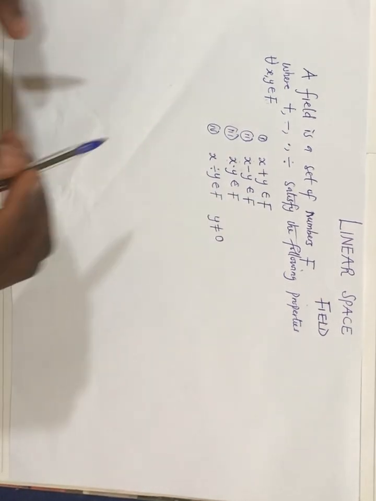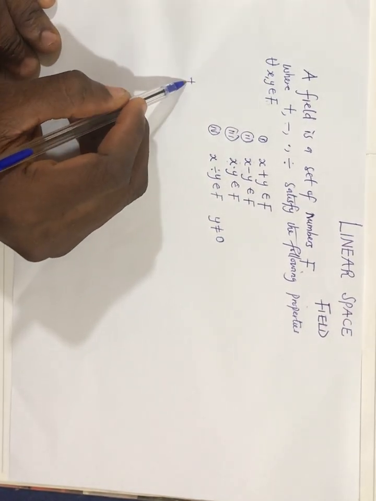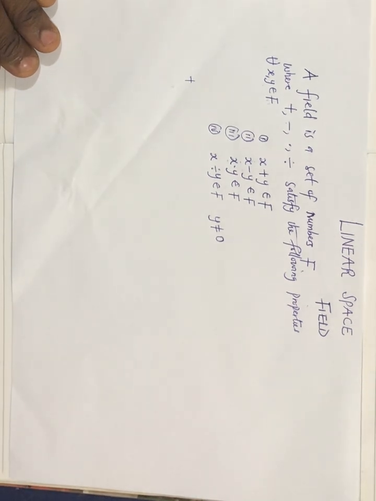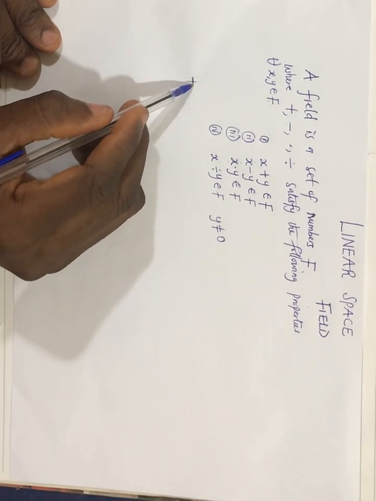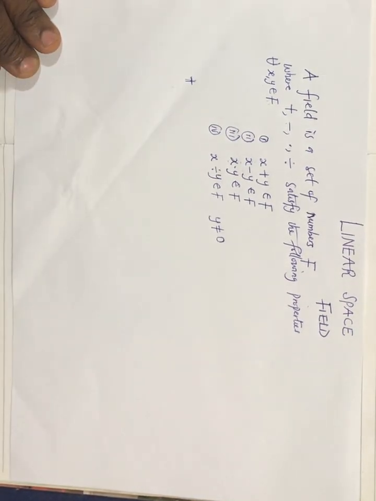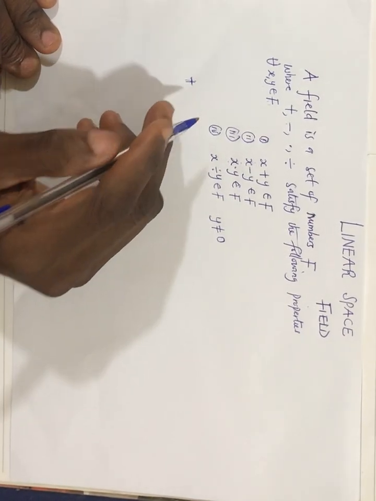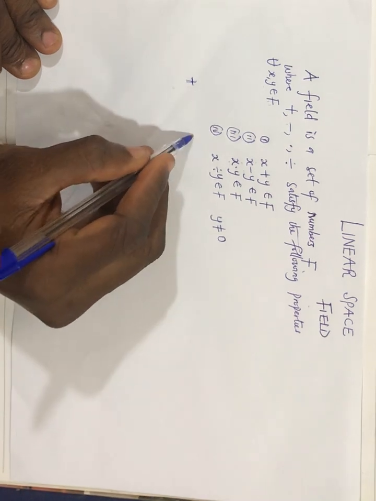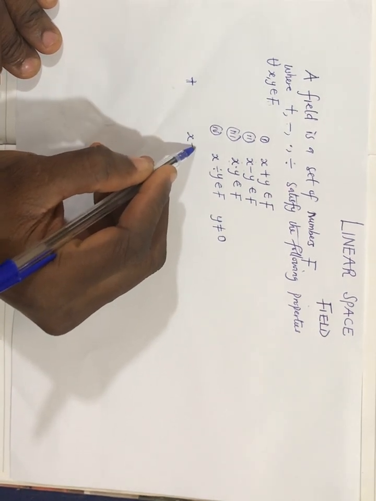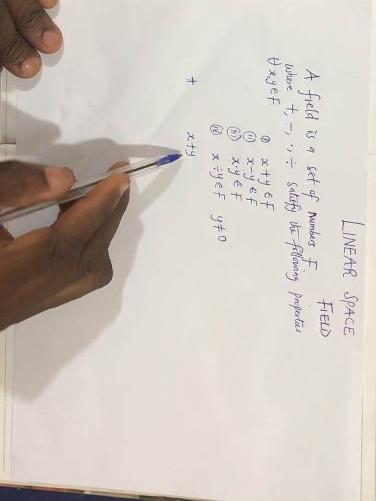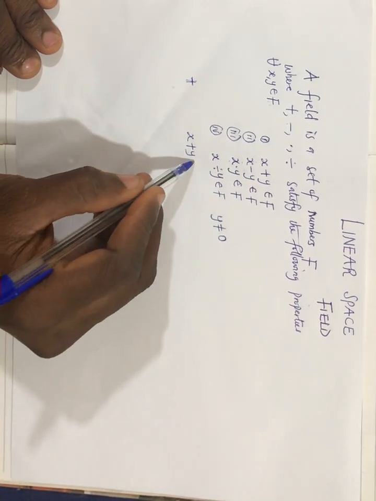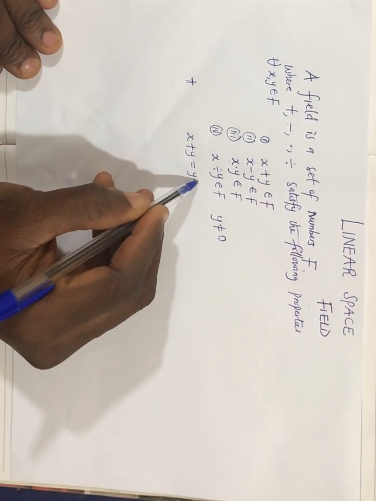The first property is, let's come to addition. Addition as an operation doesn't depend on order. What do I mean? If x is added to y, it's the same thing as when y is added to x.